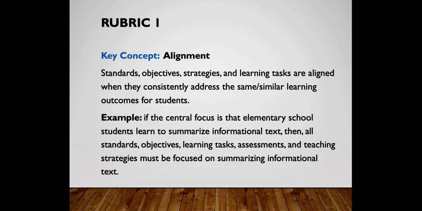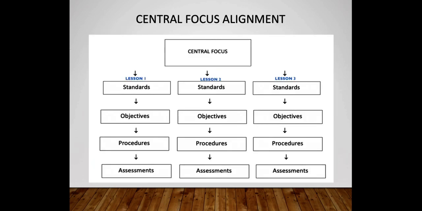Example, if the central focus is that elementary school students learn to summarize informational text, then all standards, objectives, learning tasks, assessments, and teaching strategies must be focused on summarizing informational text. Here's a graphic to make central focus alignment clearer.